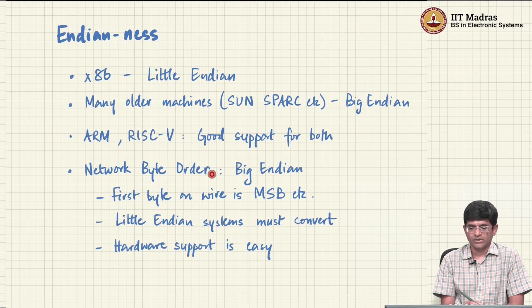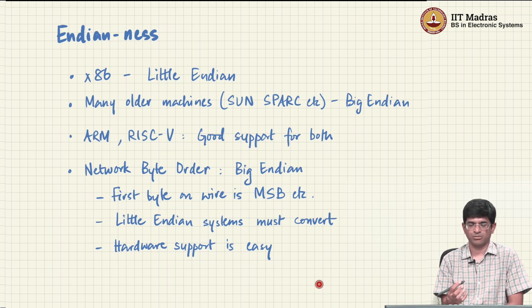So, a lot of network applications tend to use big endian notation, and what that means is little endian systems must convert from network byte order into their internal order and vice versa. But it turns out that the hardware support for this is fairly easy, and so nowadays this is not really a point of contention. People pretty much accept both.